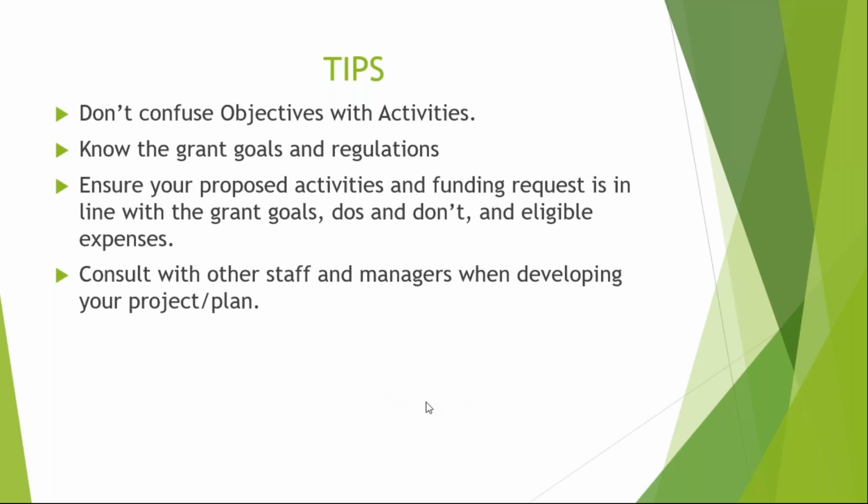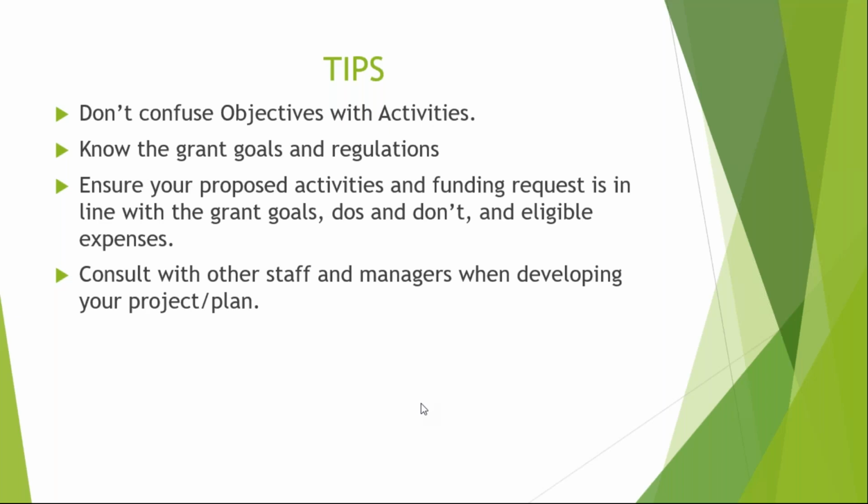A couple of tips: don't confuse objectives with your activities. I've said this again, you just really need to be familiar with each individual goal, the goals of the grant, and the regulations. And in your RFP, you have an appendix for each grant.